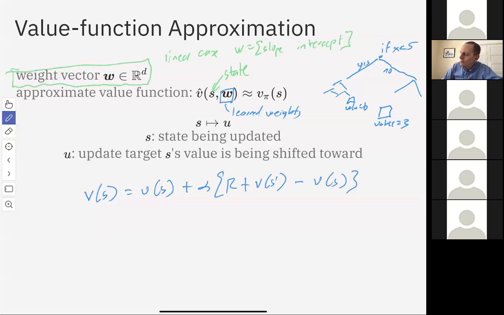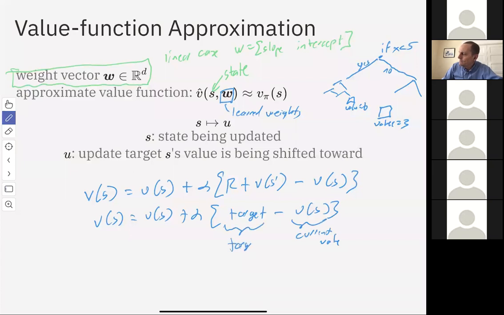And in general, to be more general, this is some target minus V of S, where V of S is our current value, and this is our target value, and we move it a little of the way, right? So we move it part of the way from our current value to our target value.